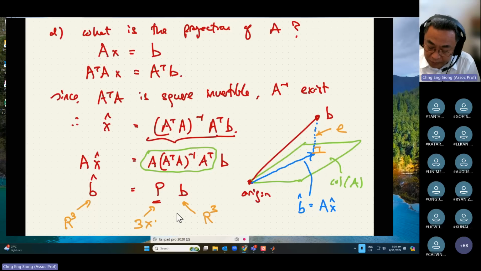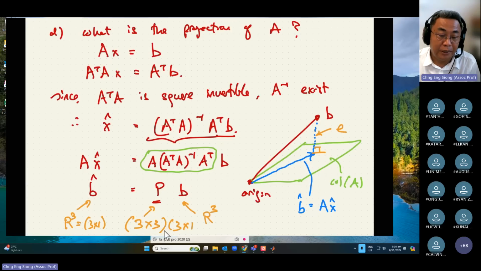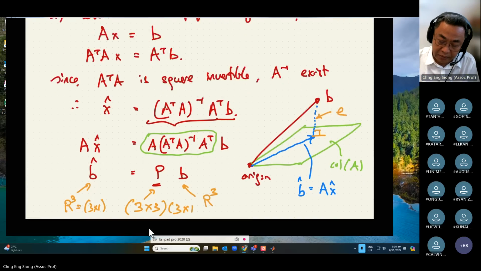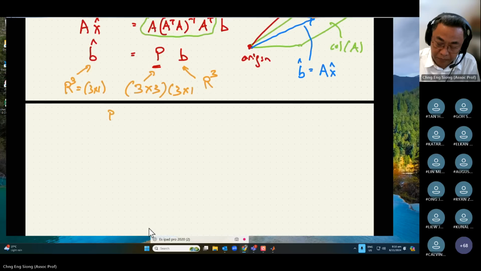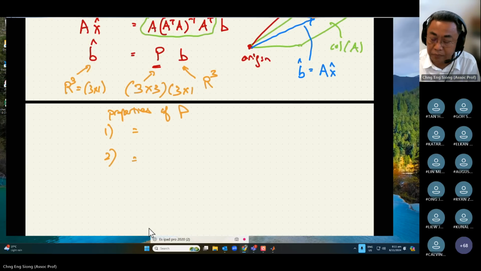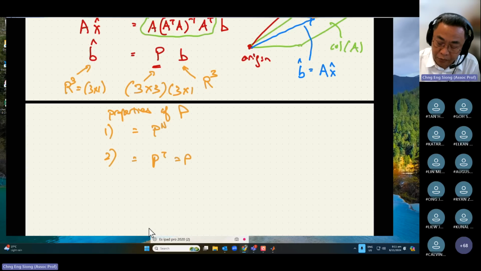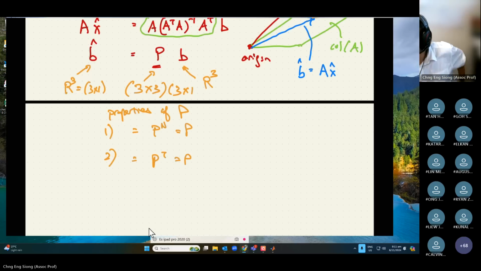So this is a 3 by 3, this is a 3 by 1, this guy is 3 by 1. So P is a square projection matrix. What are the properties of P, guys? There are two properties. Symmetrical: P transpose equals P. And P squared equals P. Very good.